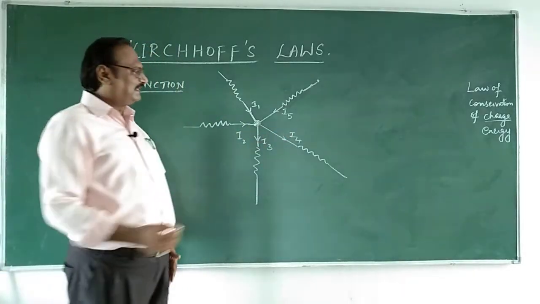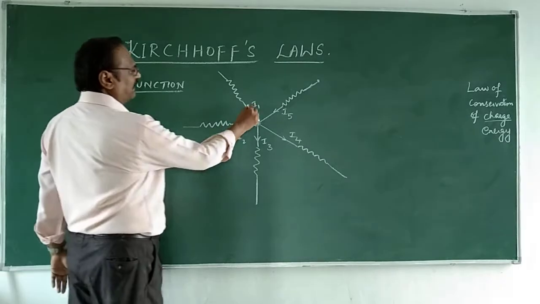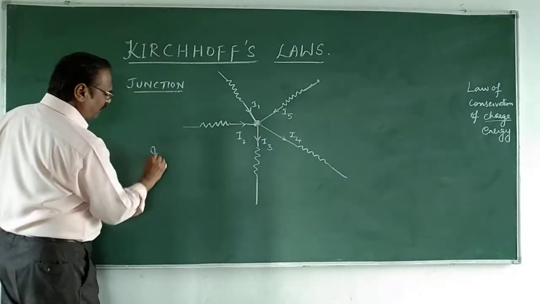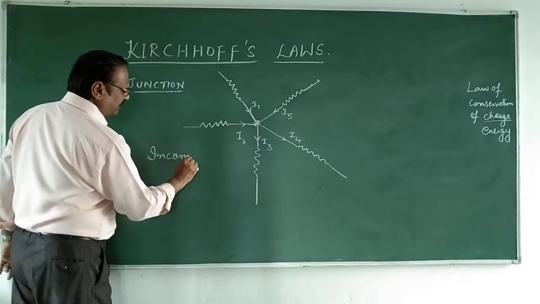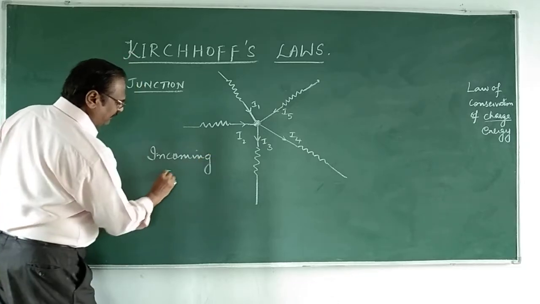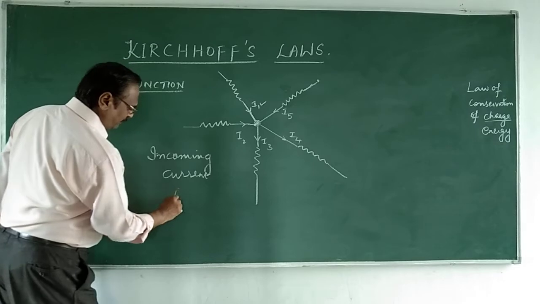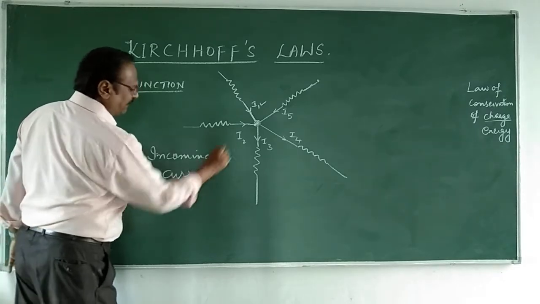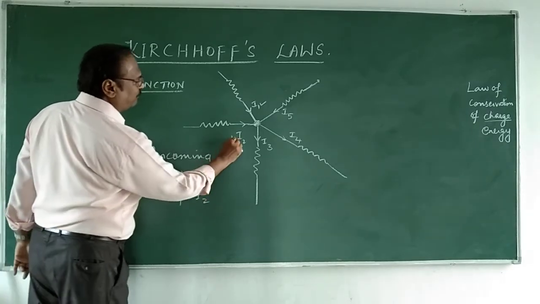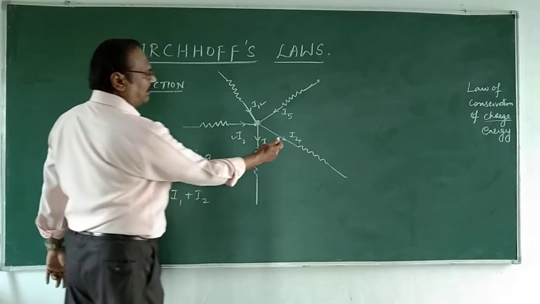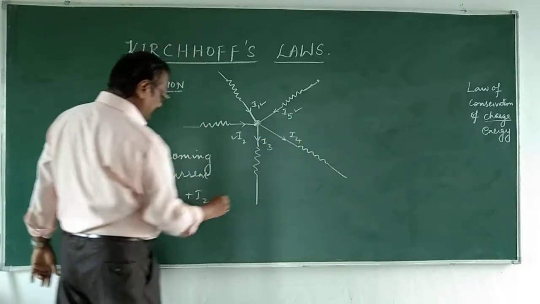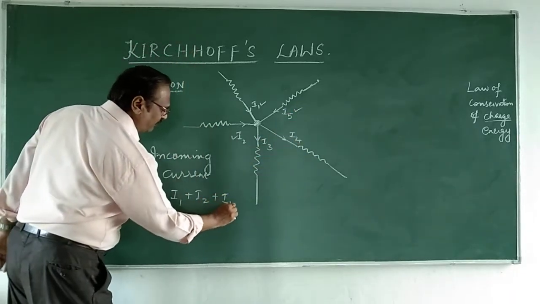Like that, the electricity, the current I1 is coming in. What are all the incoming currents? Incoming current here is I1, plus I2, which is also coming in, I3 is going out, I4 is going out, I5 is coming in, so I5.